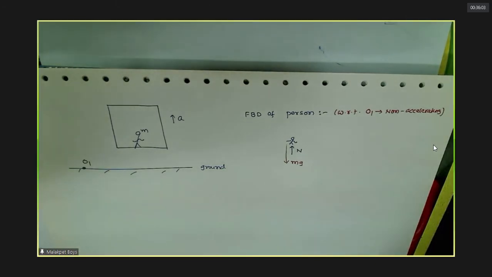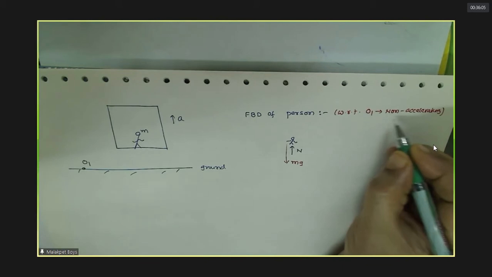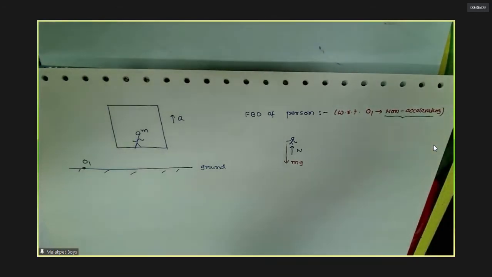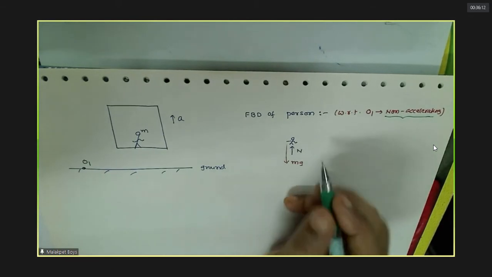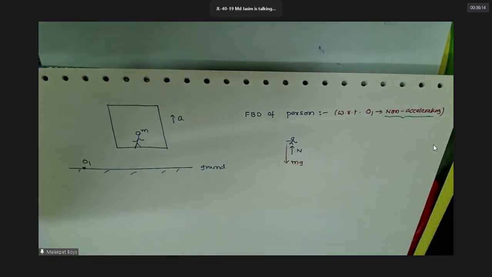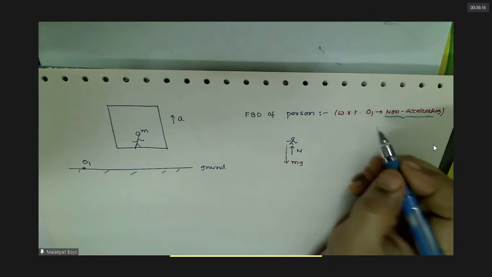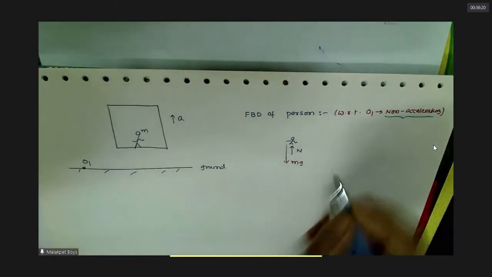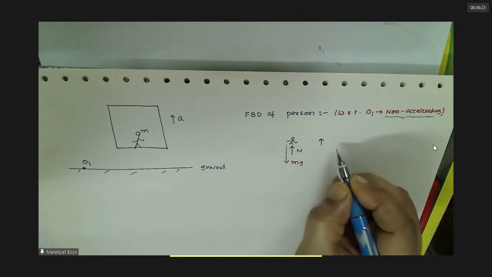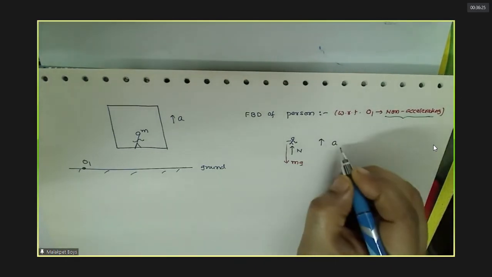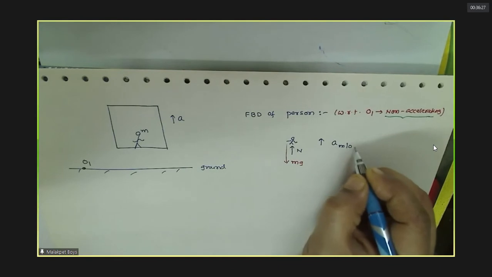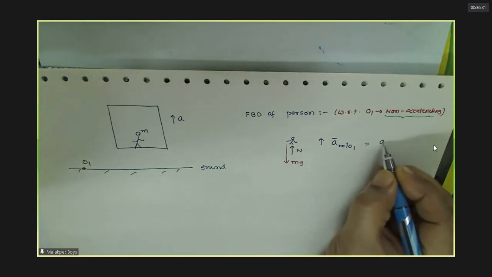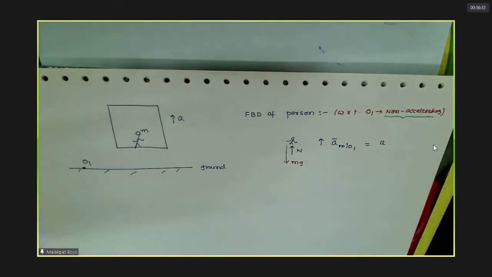With respect to the ground observer, no pseudo force. This is the acceleration of the man with respect to O1 that we should take. So this fellow will feel that that fellow is going up with an upward acceleration. Do you agree with this?